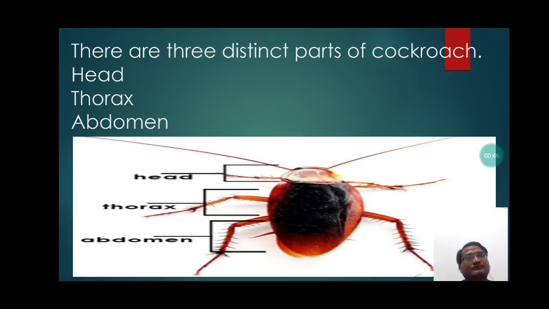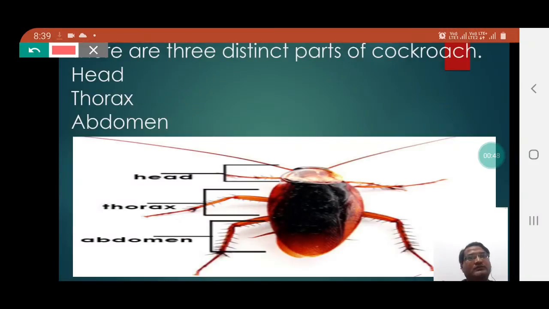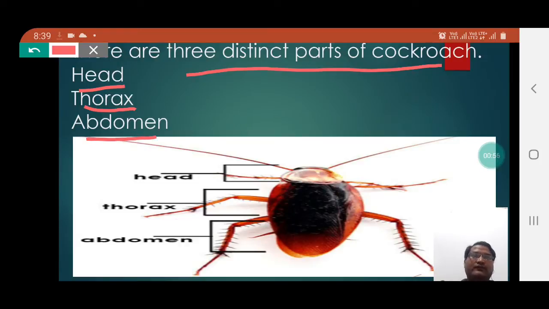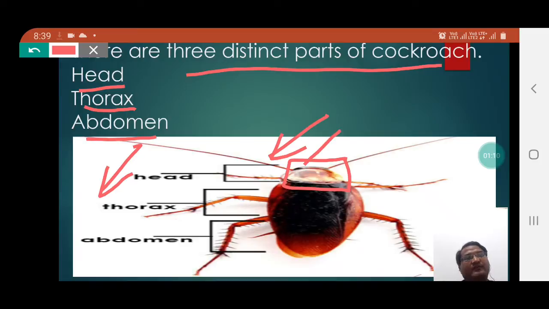Students, the three distinct parts of cockroach, that is head, thorax and abdomen, we can easily find in the picture which is shown here. The first part which you can see here, where there is presence of eyes and antenna, is the head.